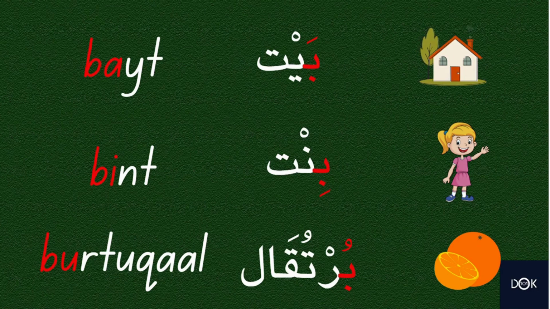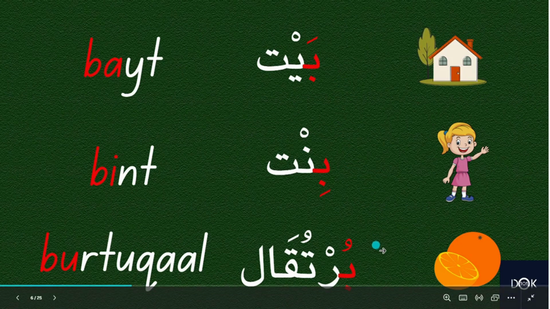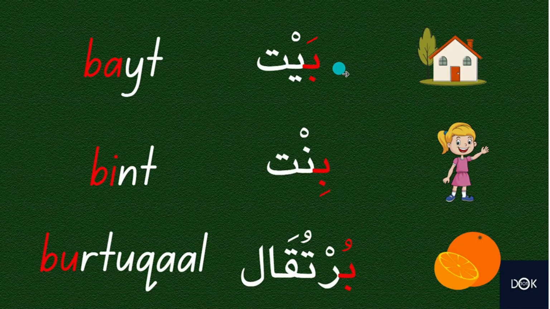Now, you will notice that each word starts with the same letter, which is letter ba: bait, and then bint, and burtuqal. But the sound of each ba is different. Bait, ba, bait, bint, bi, bint, and bu, burtuqal.